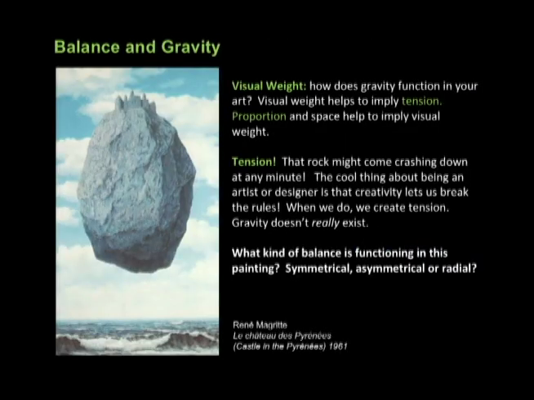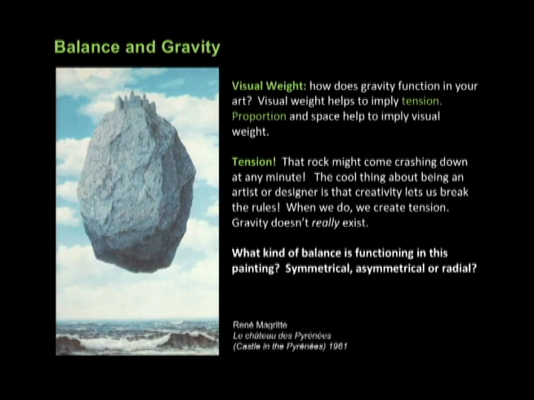Gravity is a feeling that we experience without even thinking about it every day, and we take that experience of gravity with us when we look at works of art. So gravity has a function in our compositions. I myself feel that objects in the top of a composition have a lighter feeling than objects in the bottom.